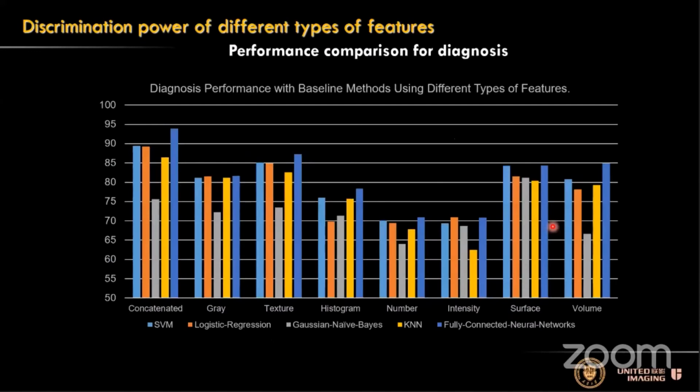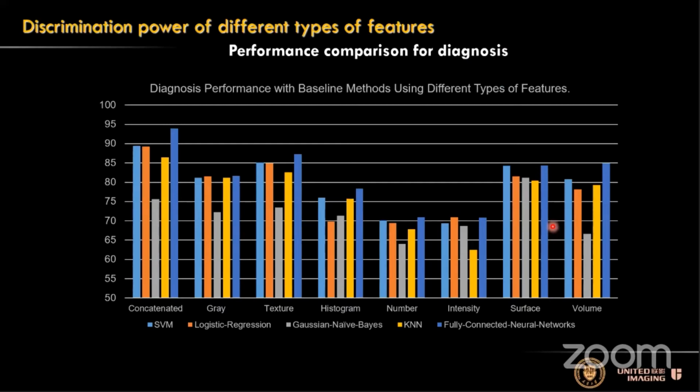So we also conduct experiments by using different features on different classifiers. These classifiers are some very baseline models. From this figure we can find that the performance is not so bad as in visualization because it uses a weighting strategy for different features.